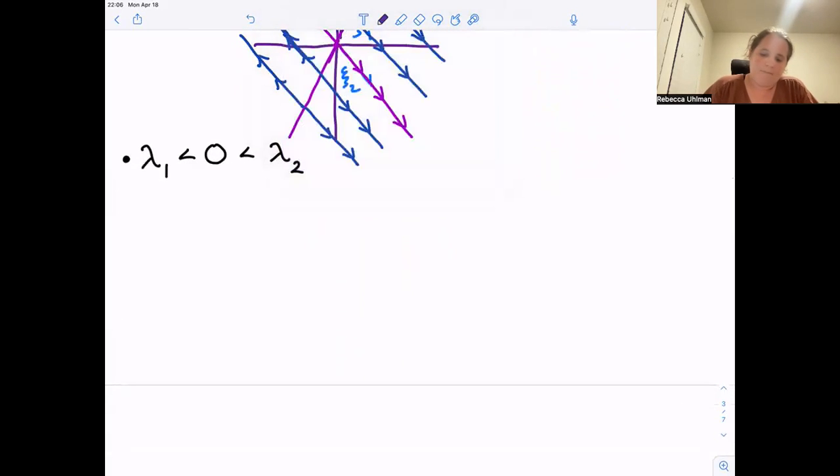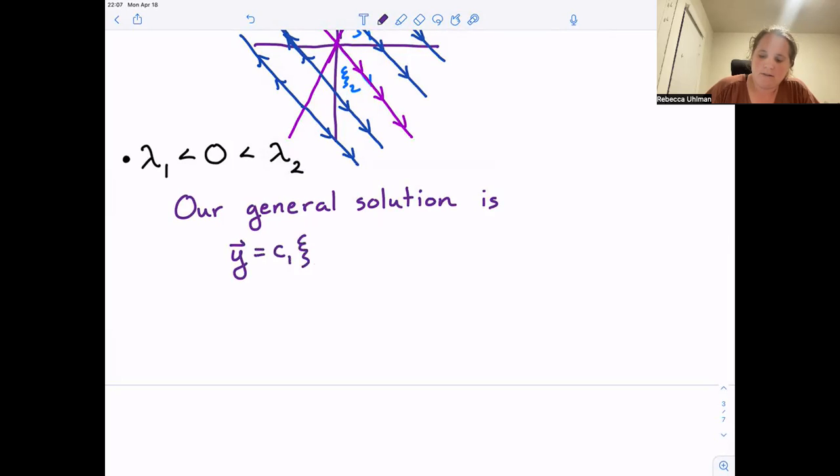So again, our general solution is y is equal to C1 psi1 e to the lambda 1t plus C2 psi2 e to the lambda 2t.